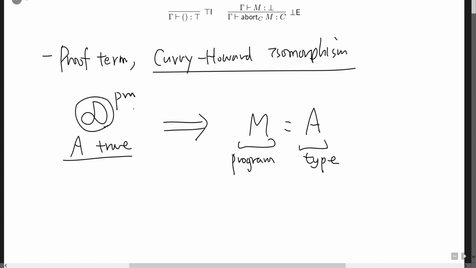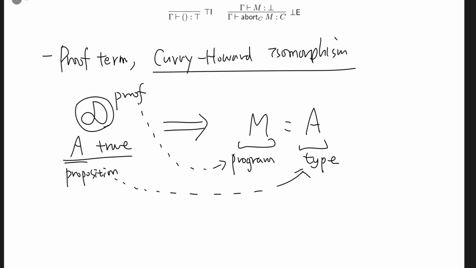So a proof is represented as a program, and this proposition A now is interpreted as a type.